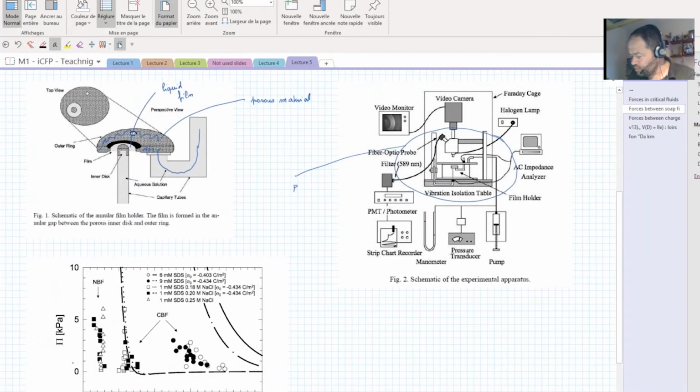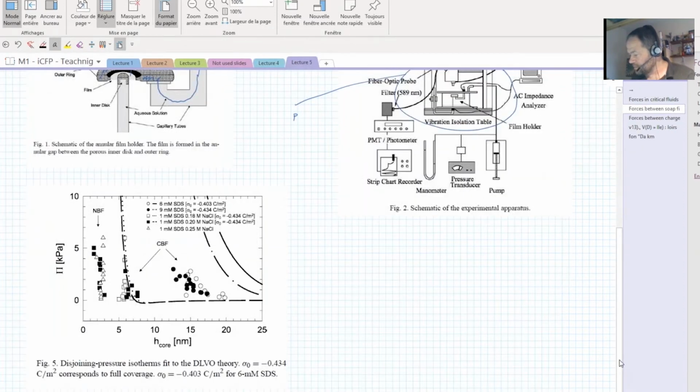Okay, and by doing that, it's possible to measure the pressure with respect to the distance, and you see that, well, if you are able to measure the thickness of the liquid films with respect to the pressure, you are able to see that, depending on the charge density, you will have or not the DLVO theory, which is valid. So basically, you can read this paper, of course, but that's a common way of measuring the disjoining pressure in between the liquid.